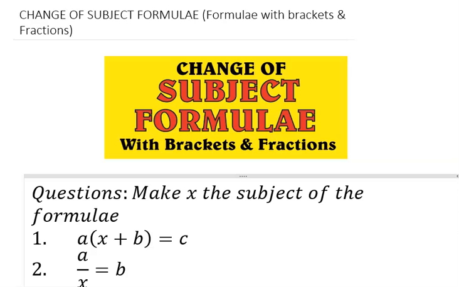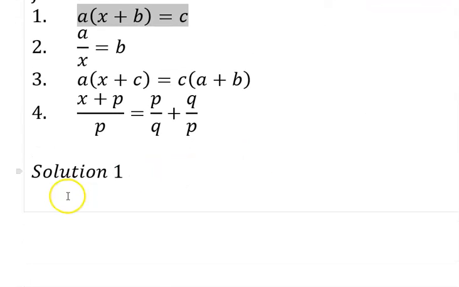So we have some questions here. We are going to be diving straight into it. We have our first question right here. So let's see how we can work around that. A, open bracket, x plus b, close bracket, equals c.